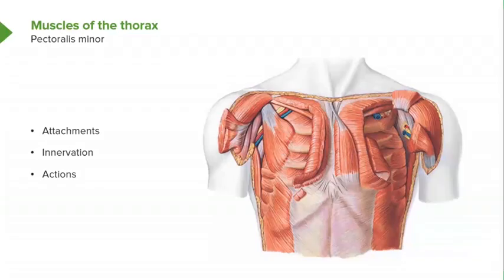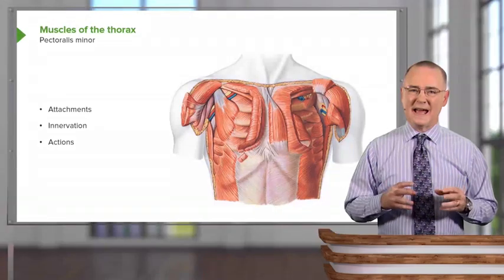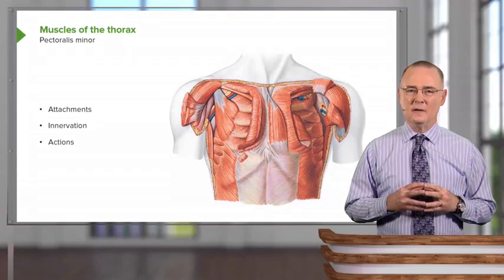The pectoralis minor lies deep to the pectoralis major, and we can see the pectoralis minor in this illustration. It's going to be attached to ribs 3, 4, and 5 for its more proximal attachments or its origin, and then its distal attachment or insertion is going to be onto the coracoid process of the scapula. The pectoralis minor is innervated by the medial pectoral nerve, and there are 2 main actions of the pectoralis minor.